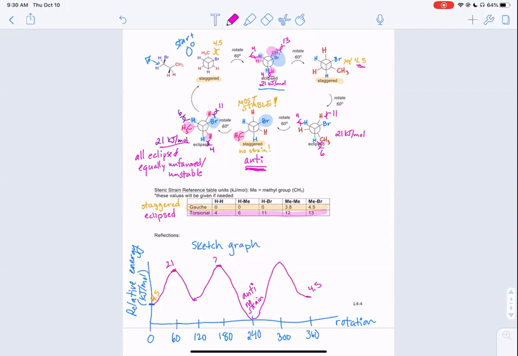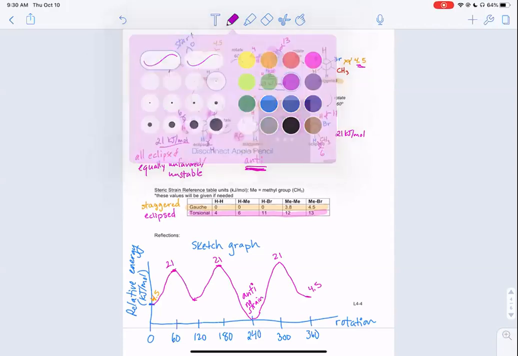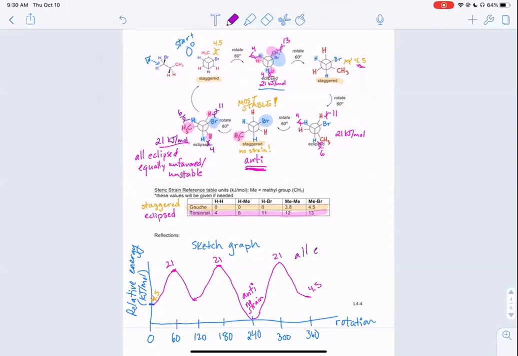So this is a graphical representation, so you can see that once again, all of the eclipsed are equally unstable. So that's just a graphical representation of what we did above. If you are worried about anything like this, worry not.